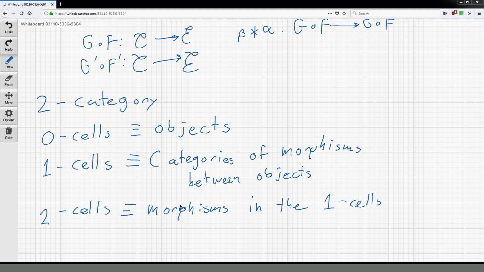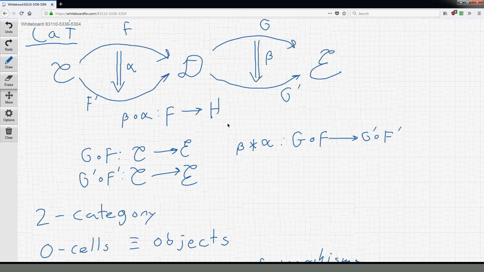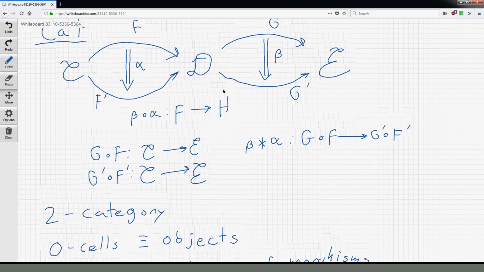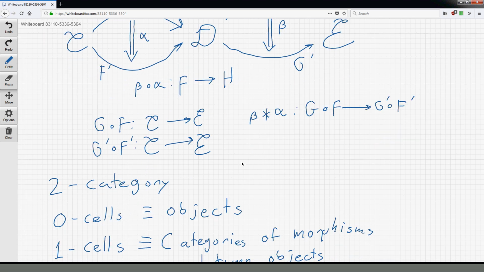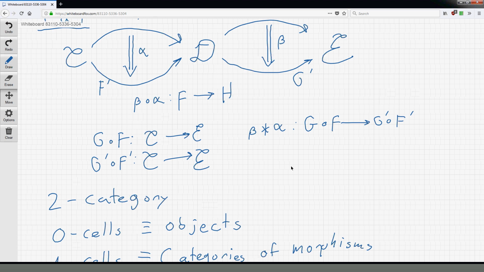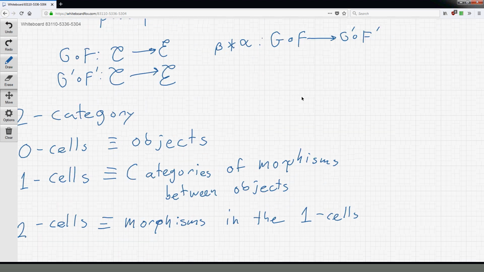Okay, so like in our category of categories, the zero cells would be our categories. The one cells would be our functor categories, and the two cells are our natural transformations.